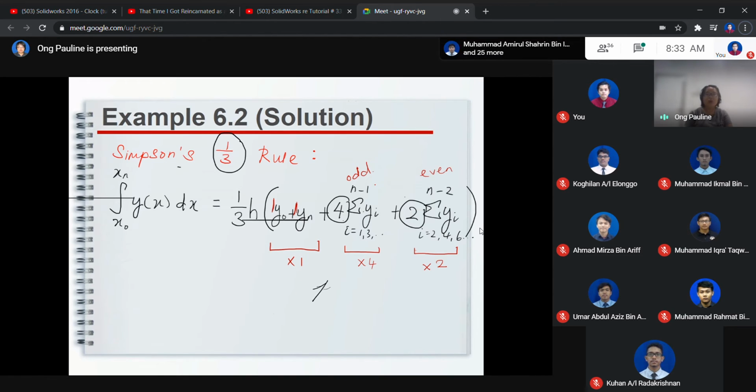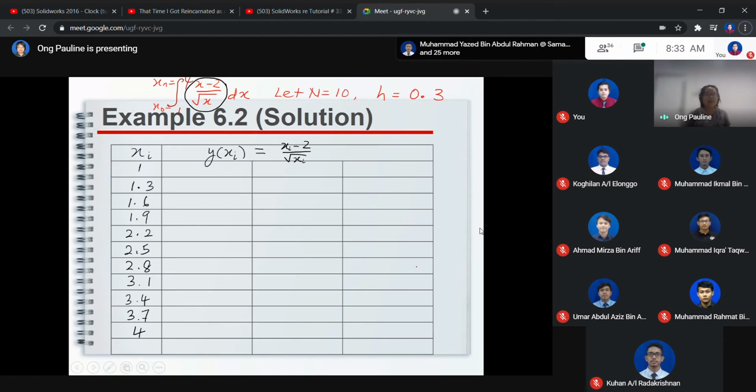And for the y odd number, I have them in the same category, and y even number, I have them in the same category. Okay, so biar kita tandakan di sini. So this is y naught, right? You have y naught, and you have y1, y2, y3, y4, and so on.